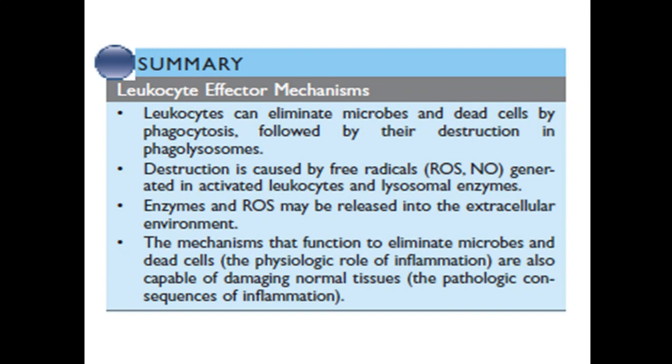And the mechanism that functions to eliminate microbes and dead cells, which is the physiological role of inflammation, is also capable of damaging the normal tissue. And here we come from the physiological role of inflammation to the pathological consequences of inflammation, which is destruction of the healthy and living tissue.